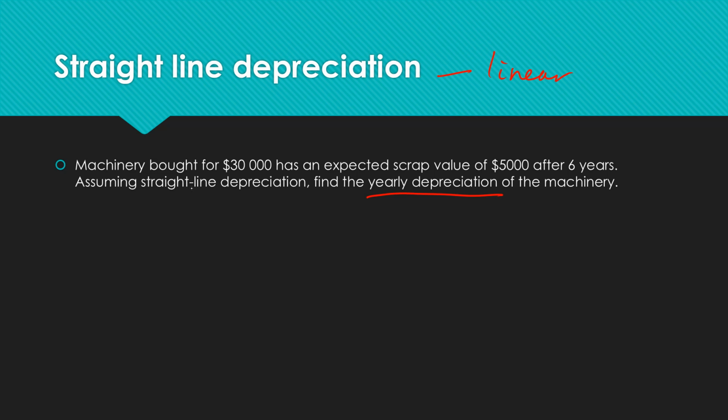What that means is, for example, with this question, if we start off with a certain amount and we end up with a certain amount, which is the scrap value here, we're going to have a depreciation value per year which is going to be the same every single year, and in this case was next 6 years.